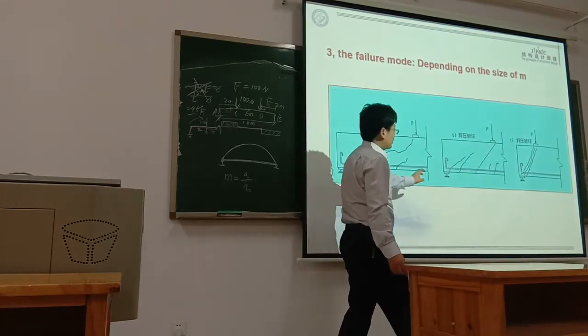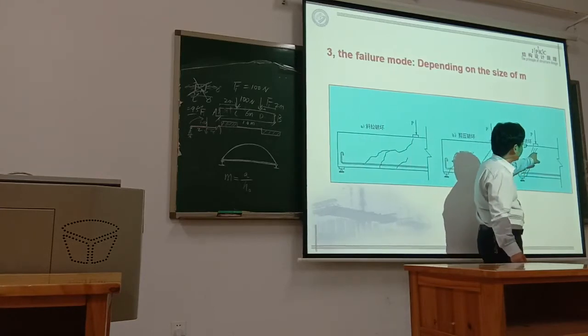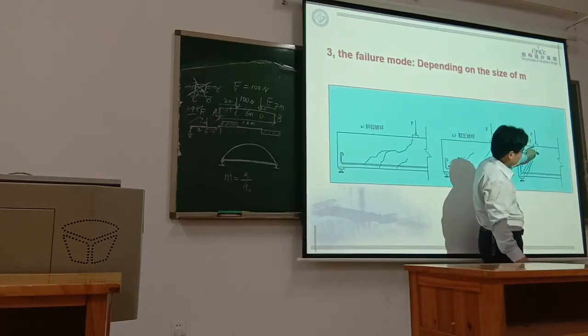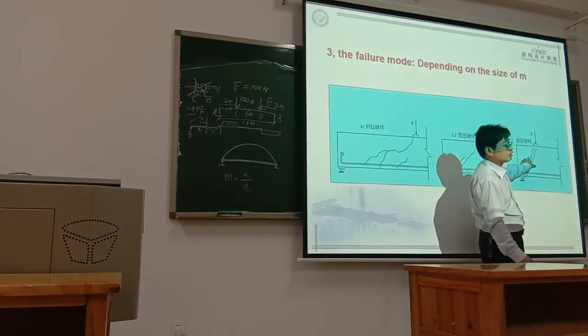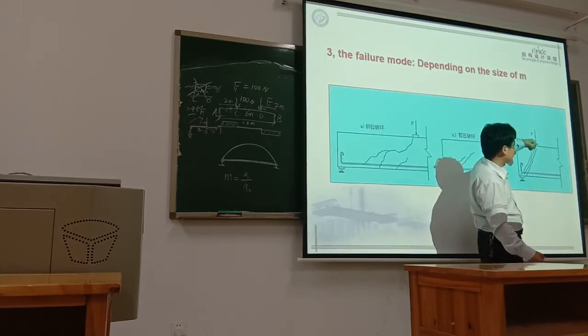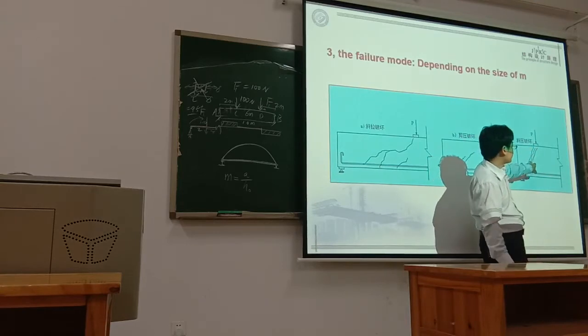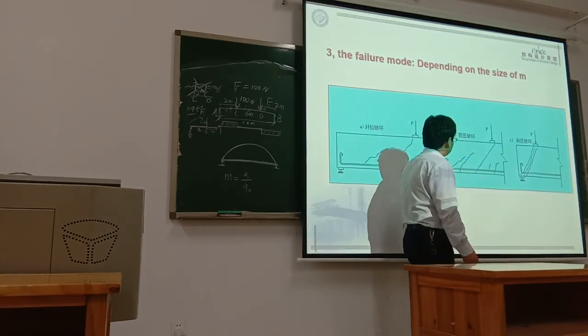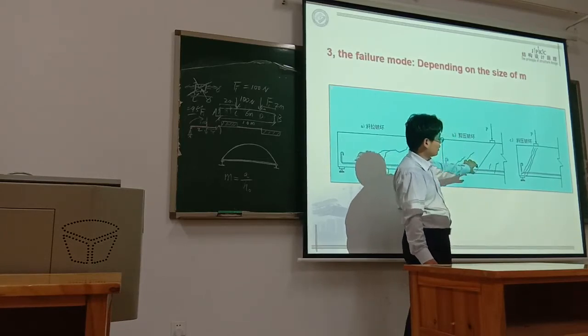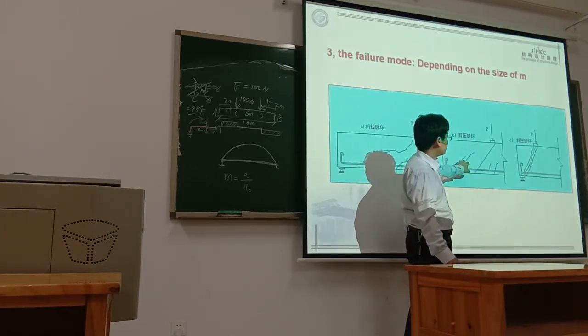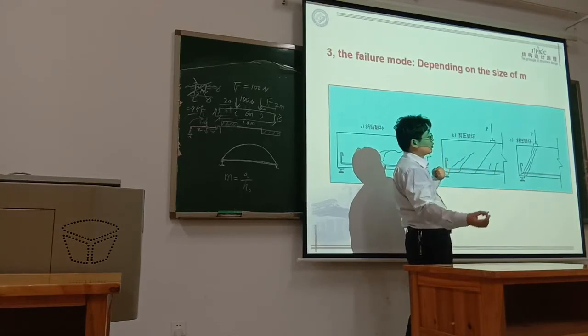For this part, you can imagine the concrete is in compression; the crack is induced just by the crushing of the concrete. In this part, some cracks are induced by crushing, some by tension.